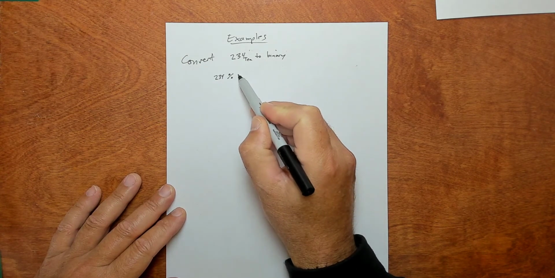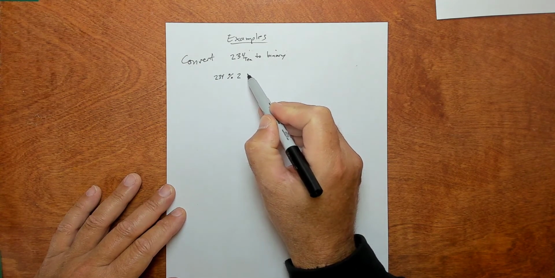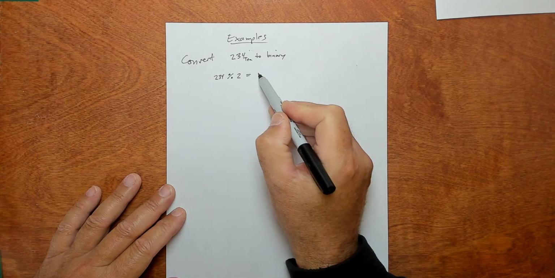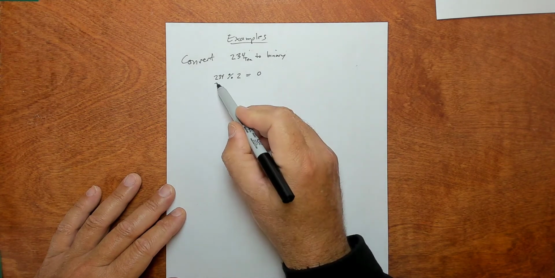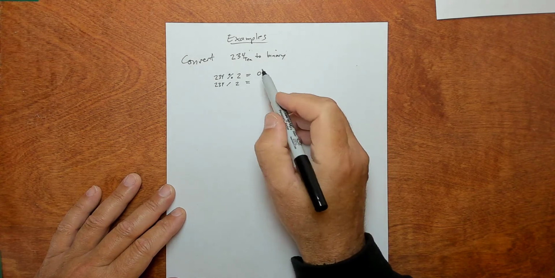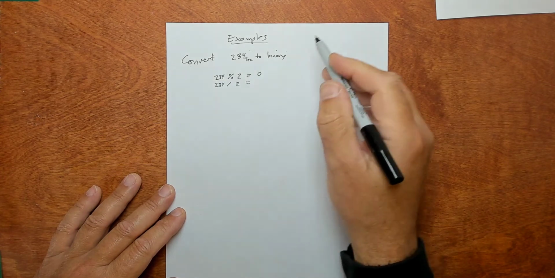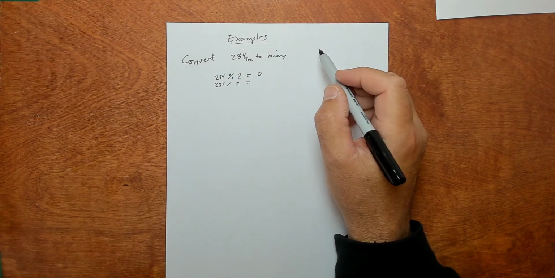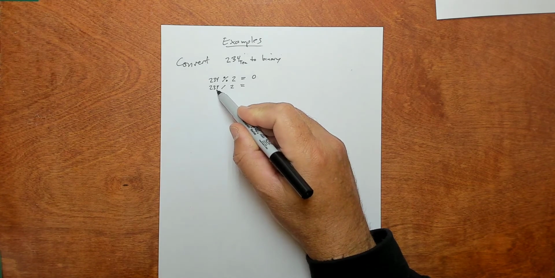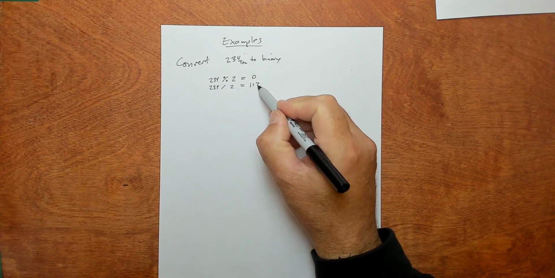mod 2. This goes in a bunch of times with a remainder of 0, right? And then 234 div 2 is, what is that? It's going to be 117.